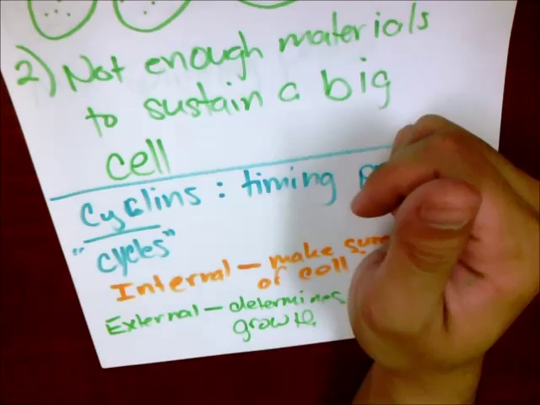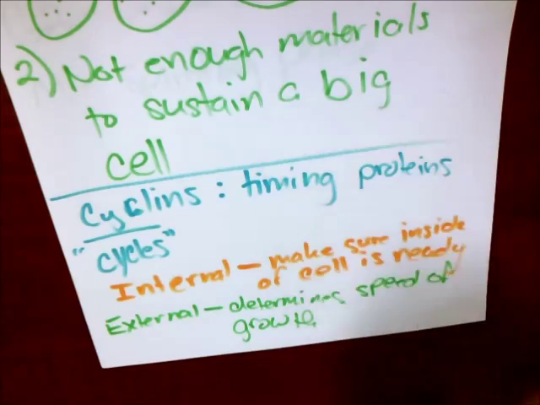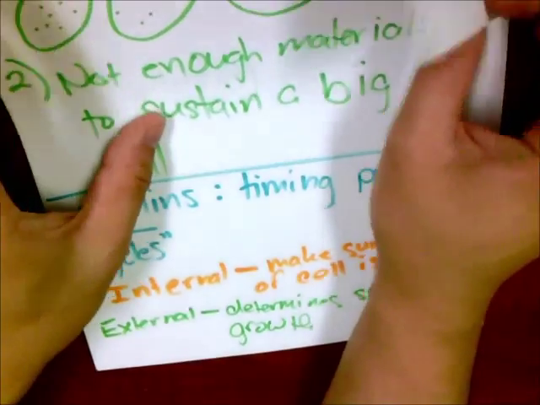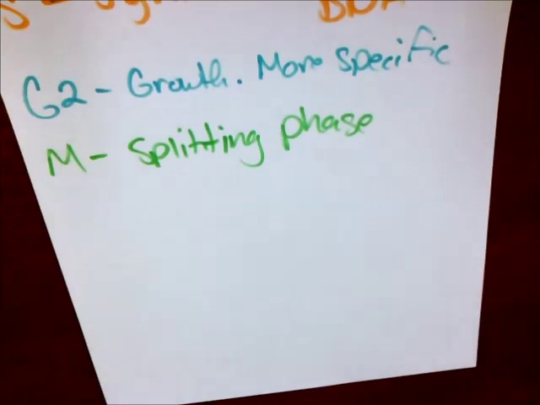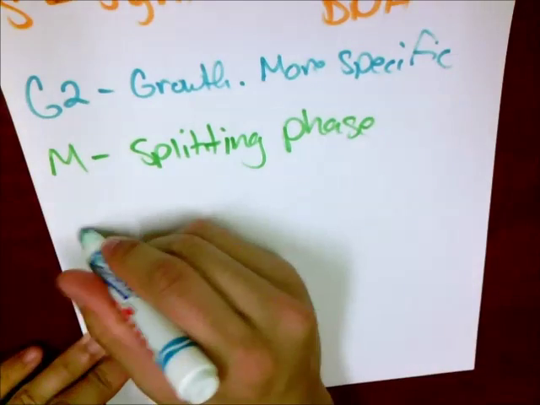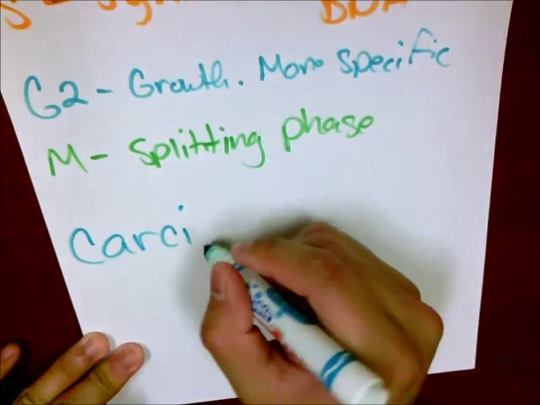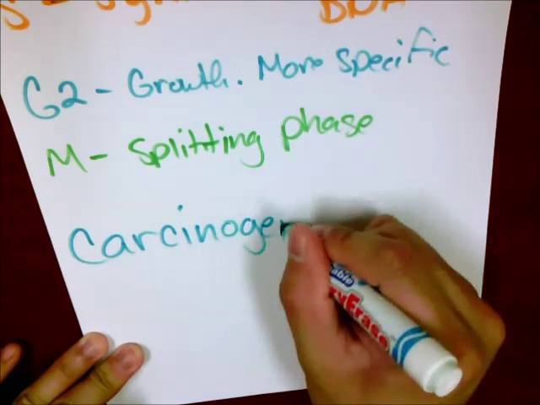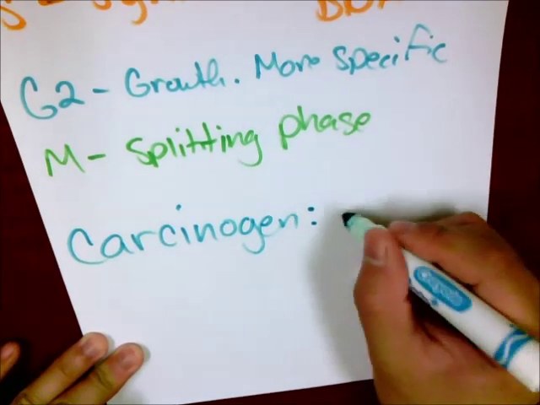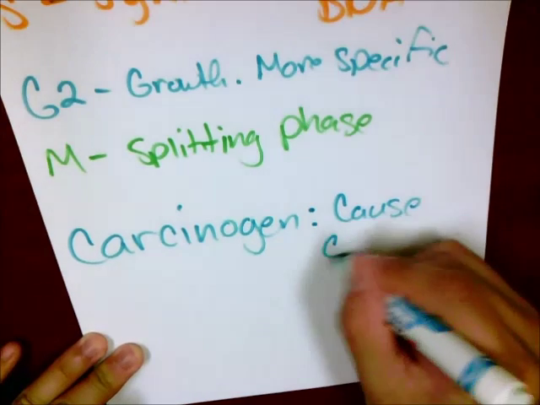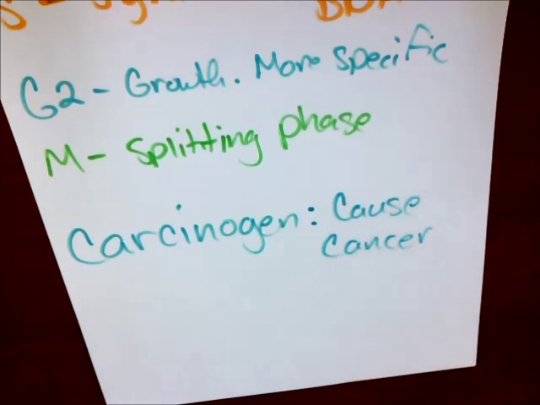So like tanning beds, they're considered carcinogens. I guess I should write it down: C-A-R-C-I-N-O-G-E-N. Carcinogens cause cancer. This can be anything, this could be alcohol if that causes cancer. Pretty much anything that you can figure out causes cancer is called a carcinogen.